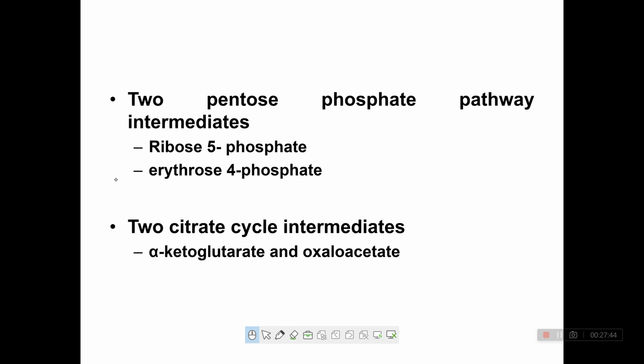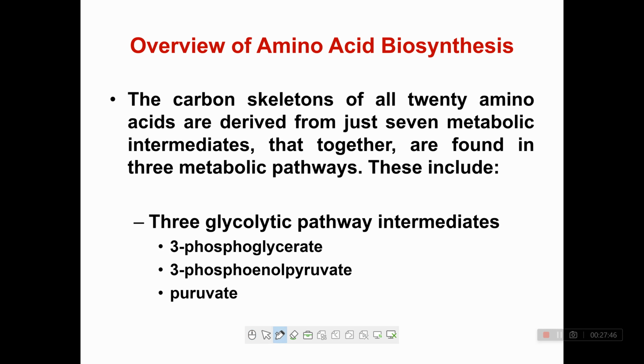Means biosynthesis of all amino acids takes place by 3 metabolic pathways. The first is the glycolytic pathway intermediates.